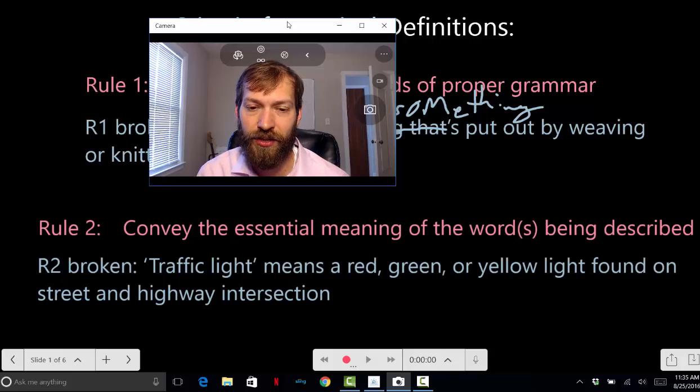It doesn't tell us that red lights tell us to stop, green lights tell us to go, yellow lights tell us to proceed with caution. And since it's not giving us the essential meaning, that it directs the flow of traffic, it breaks rule number 2. And it's not a good lexical definition.